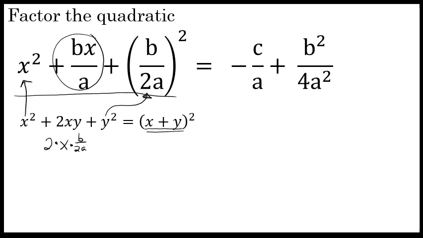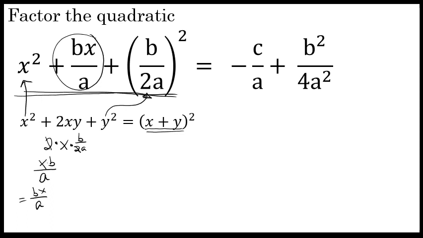Well, this product has a 2 and another 2 in a denominator. So those would cancel out, and I would be left with just x times b over a, or the way that it's written in the quadratic expression on the left side of the equation, bx over a.